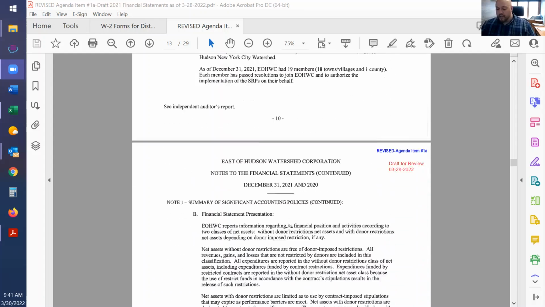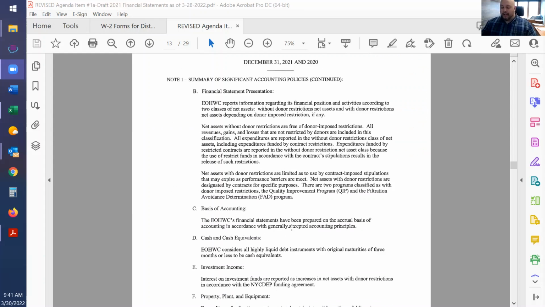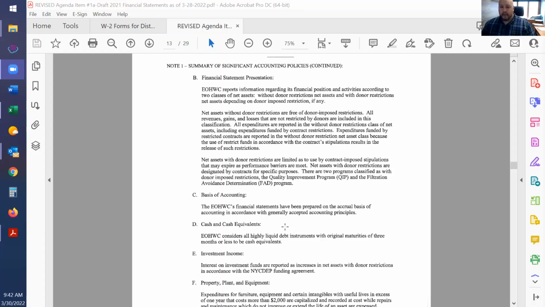to basically where we get to the basis of the functional financial statement presentation. Again, that's just a summary of how I've explained the reports from the beginning, from the statement of net position, and then the statement of activities and functional expenses. Basis of accounting is the accrual basis, which is required.